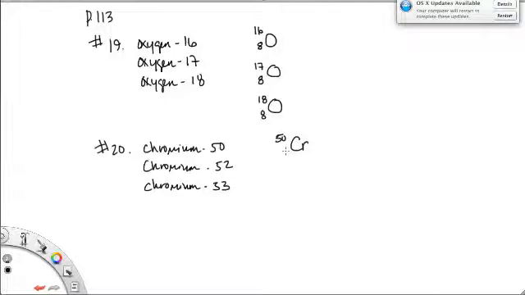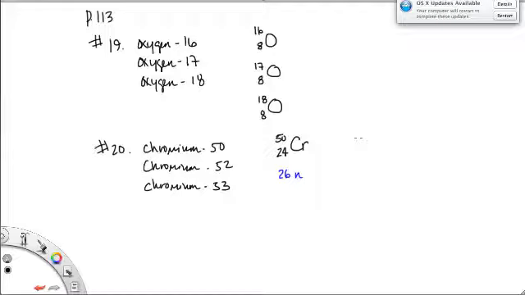That becomes the superscript. On the periodic table, the atomic number for chromium is always 24. So there's our atomic shorthand for chromium 50. How many neutrons does chromium 50 have? Well, we take the mass number minus the atomic number. So 50 minus 24 is 26 neutrons.